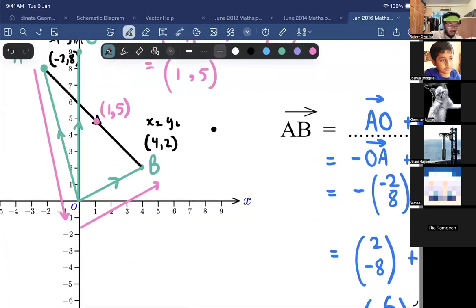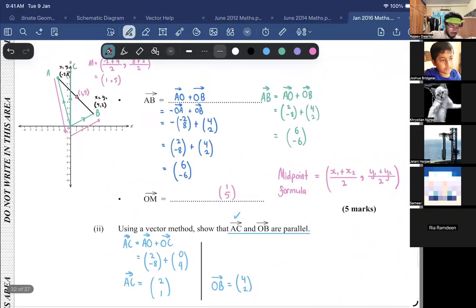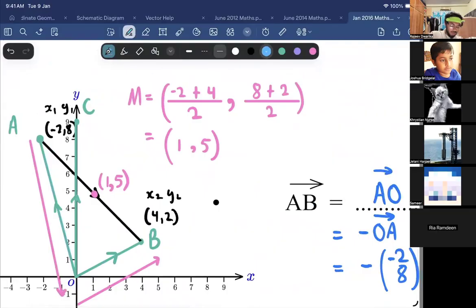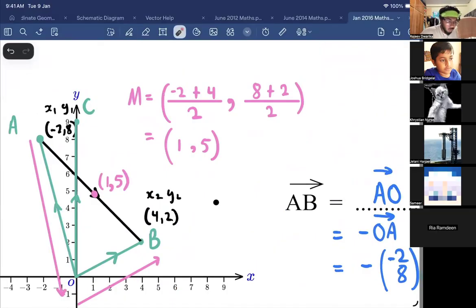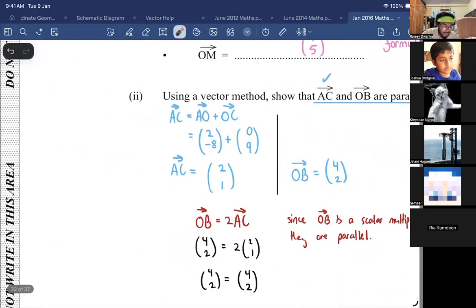And let me show you something real quick. So let me put on A to C. A to C is 2, 1. Now, watch this carefully. When I'm putting down AC, am I going to start from the origin or am I going to start from A?